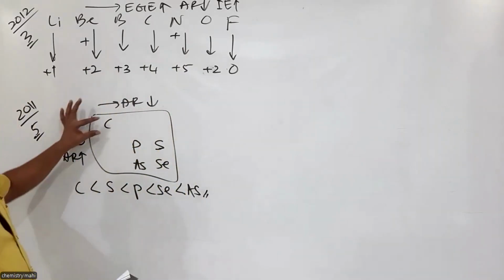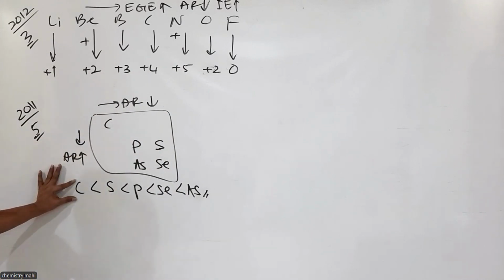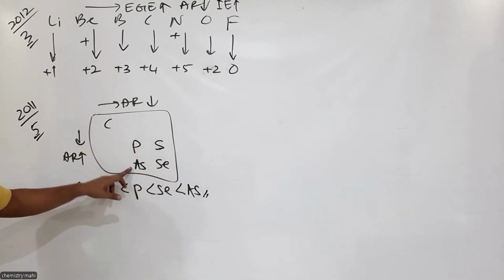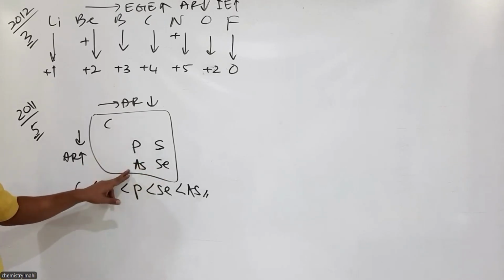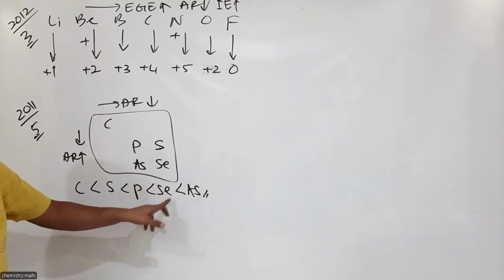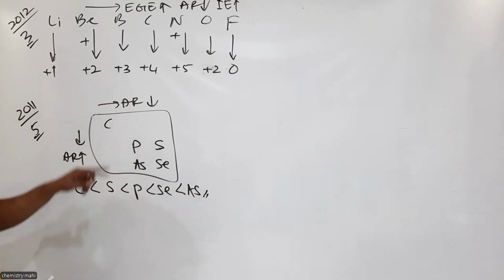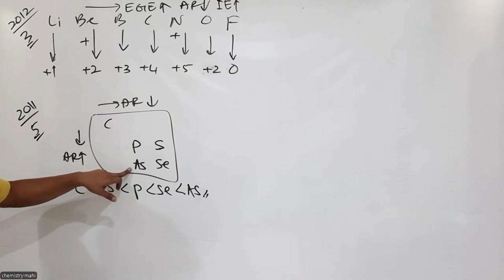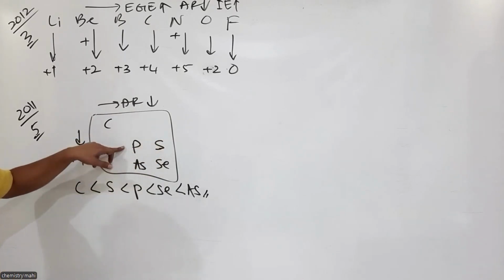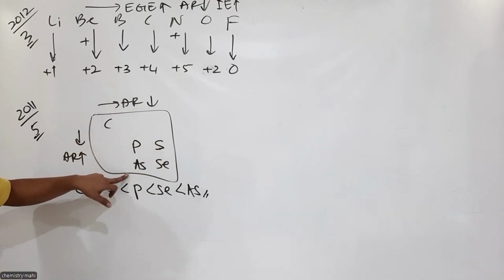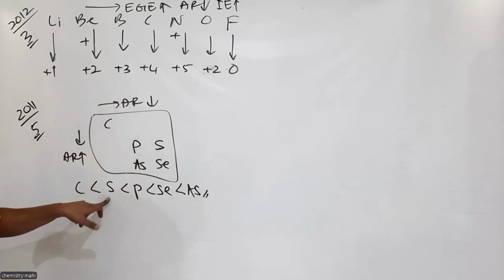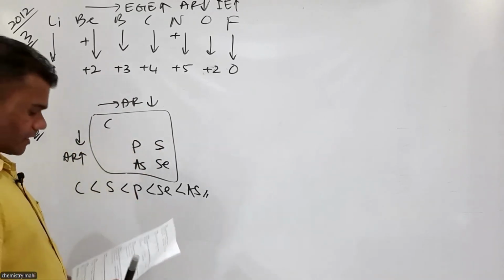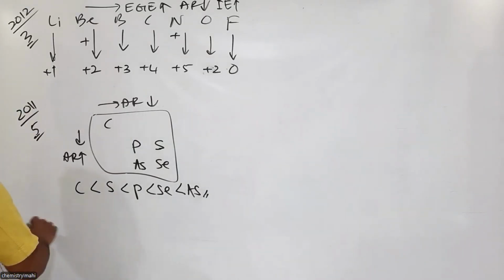Going down increases, so the second period one should be the smallest. After that, you can have the third period, then the fourth period. Fourth period is larger, but from left to right it decreases. Selenium is smaller than arsenic. Sulfur is third period, selenium and arsenic are fourth period, phosphorus is third period again, smaller than fourth period. But from left to right it decreases, so sulfur is smaller than phosphorus. Finally, we get the fifth option as the answer.